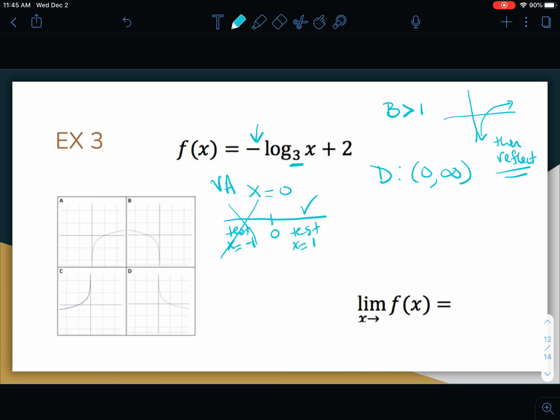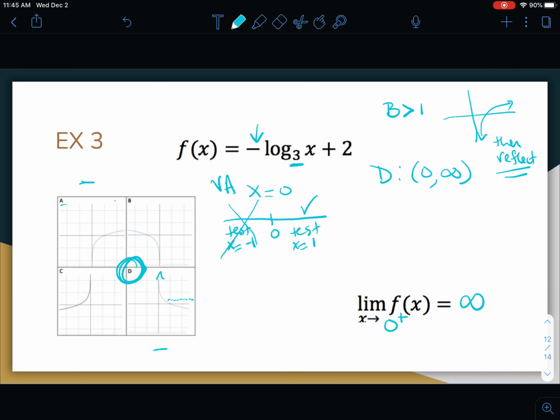Okay, so again, we're going to the right of the vertical asymptote, so that's going to be either here or here. This is what it first looks like in A, and then when we reflect it, it looks like D. So now let's come in again from the right. As x approaches 0 from the right, my outputs are approaching infinity.